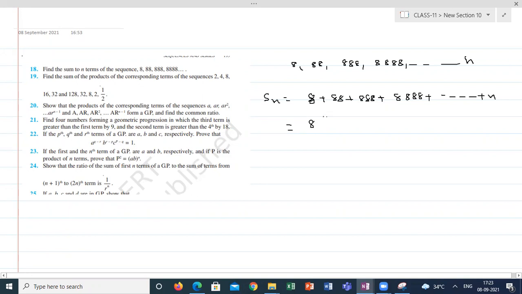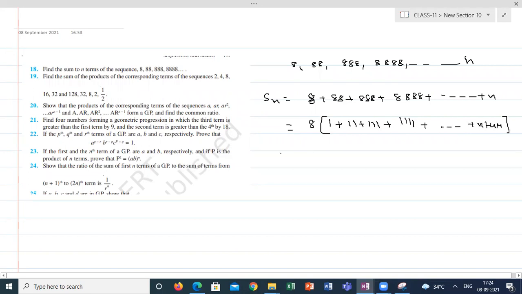I am taking first 8 common. If I am taking 8 common, what I will get? 1 plus 11 plus 111 plus 1111 plus and so on up to n terms.